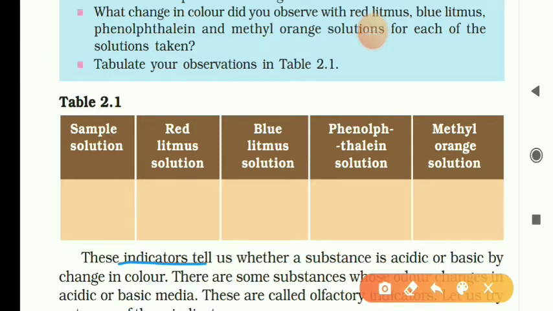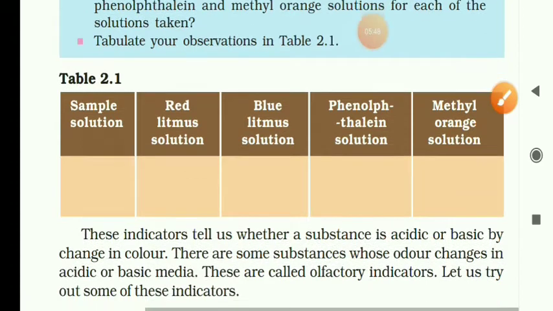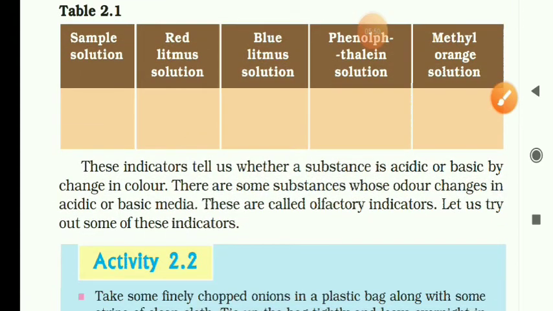So now the question is, what do you mean by an indicator? Indicators are substances whose color changes in the presence of an acid or a base. There are some substances whose odor changes in acidic or basic media.